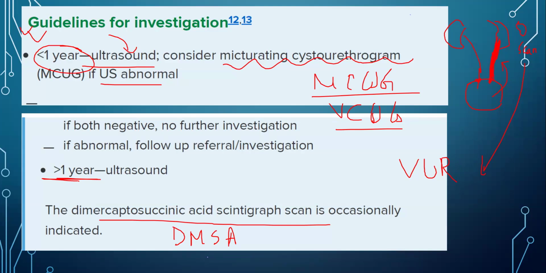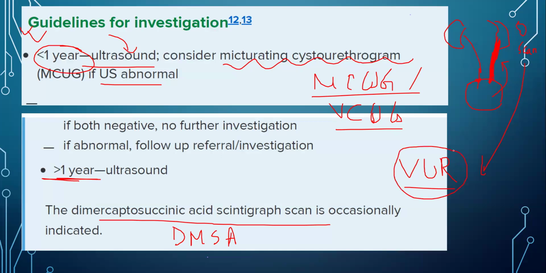Now, the first investigation is ultrasound. Once the ultrasound is done, and if it shows anything abnormal, you do a dye test, which is called micturating cystourethrogram or voiding cystourethrogram, VCUG. Same thing, just the name is different. This dye will be able to look for any anomalies, such as vesico-ureteric reflux.